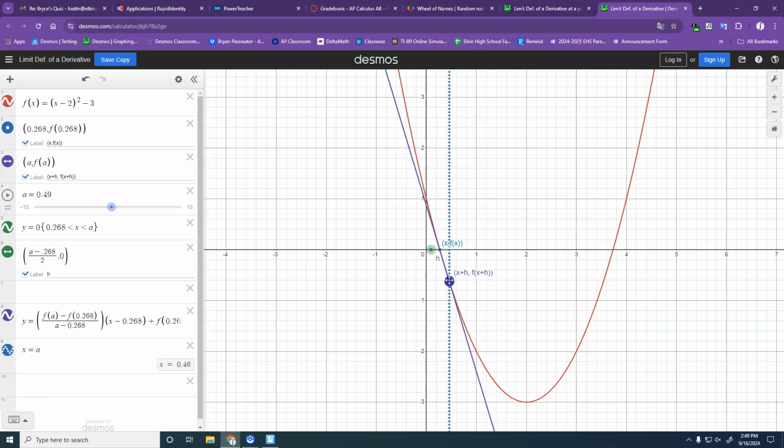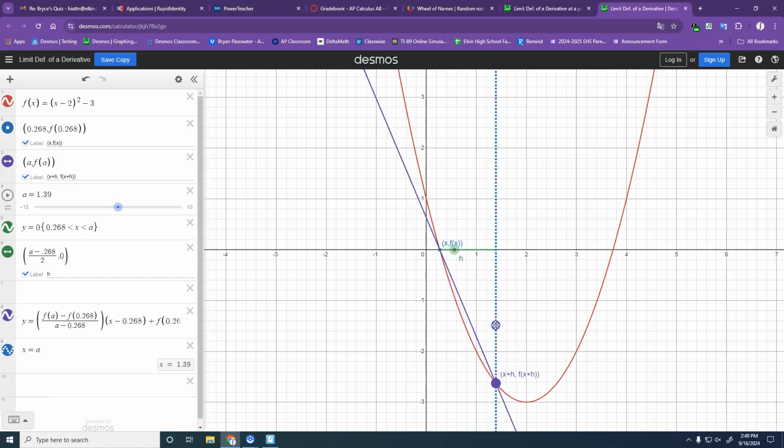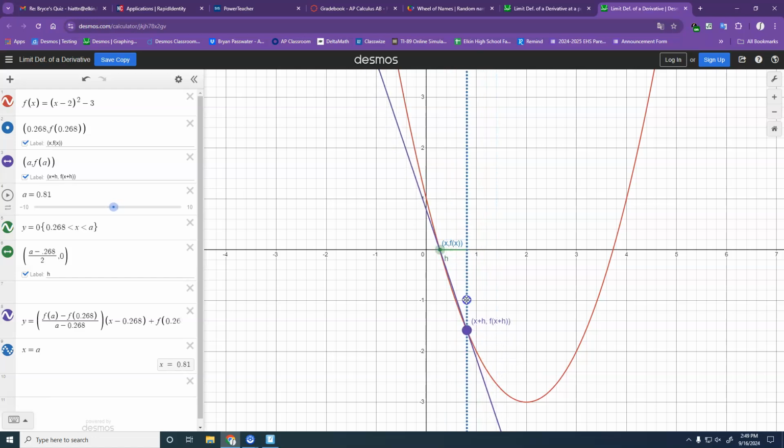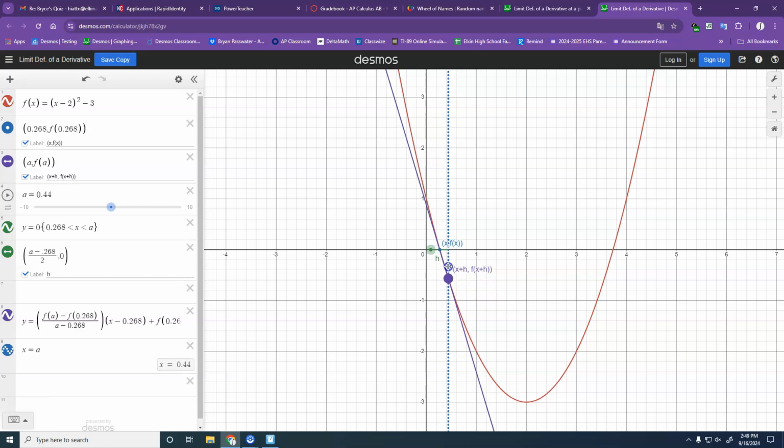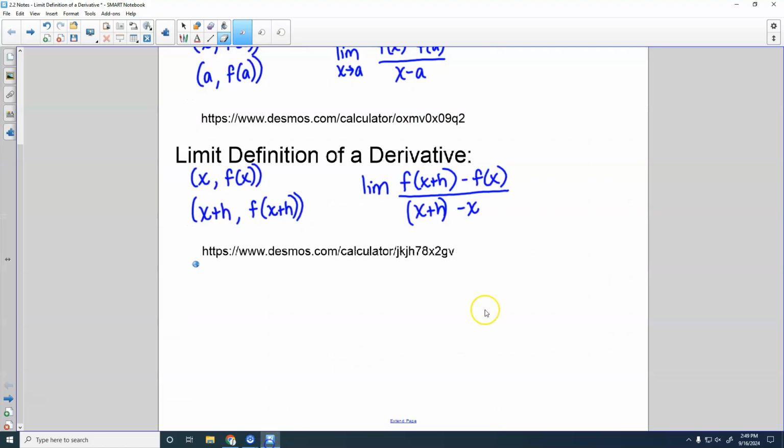What is happening to that h value? What is it approaching? Something weird's happening. It's getting closer and closer and closer to 0, right? Because if I can make it to that point, then the distance between x and x plus h is nothing, right? They're there. So in this case, h approaches 0.